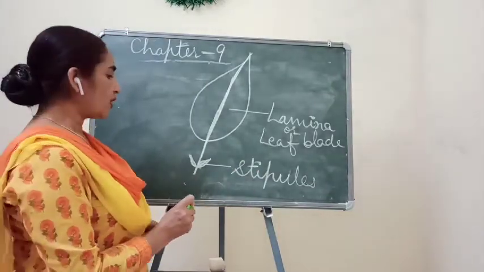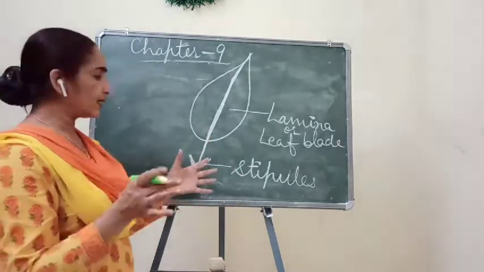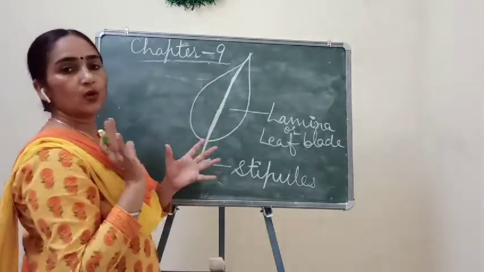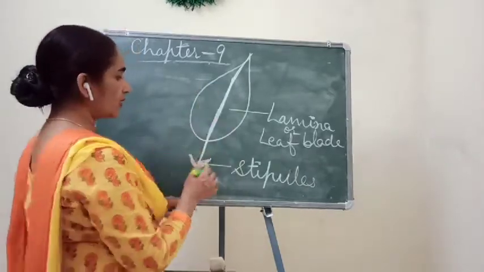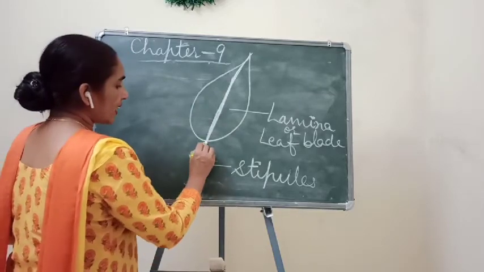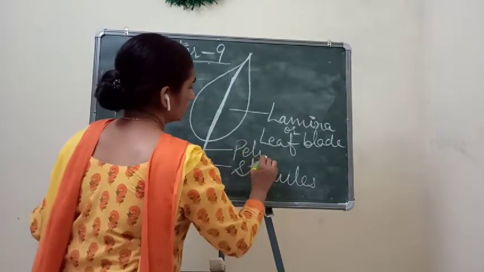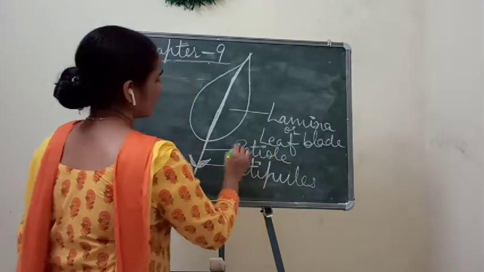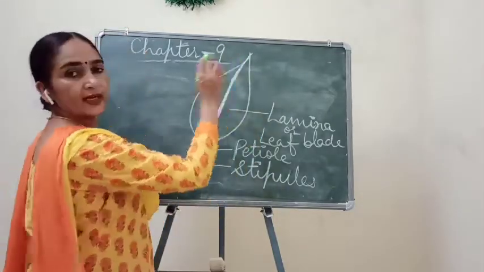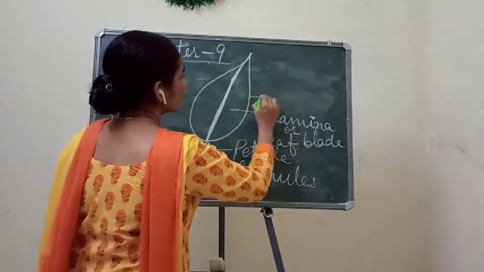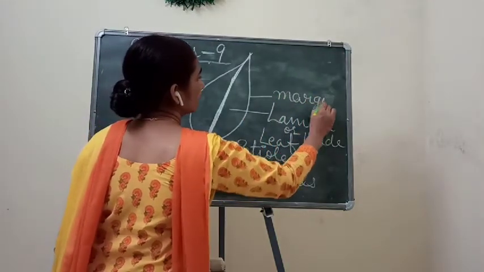In some of the leaves you can see stipules, but if stipules are not there, you should still know the other parts. This diagram is also very important. That's why I will tell you how to draw it and label it. This stalk of the leaf is called petiole. These are the margins of the leaves, or you can write leaf margin.